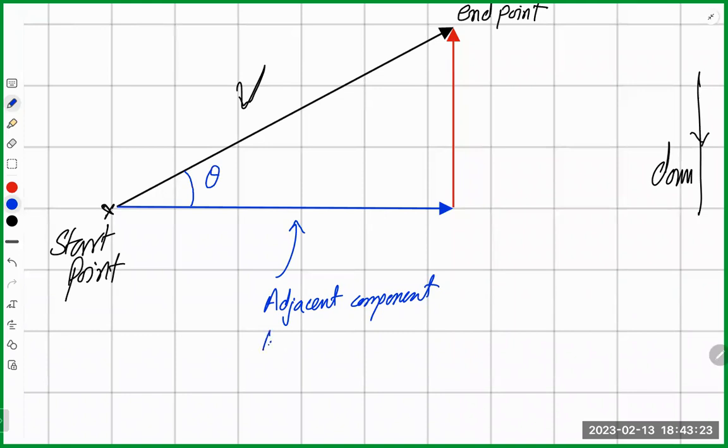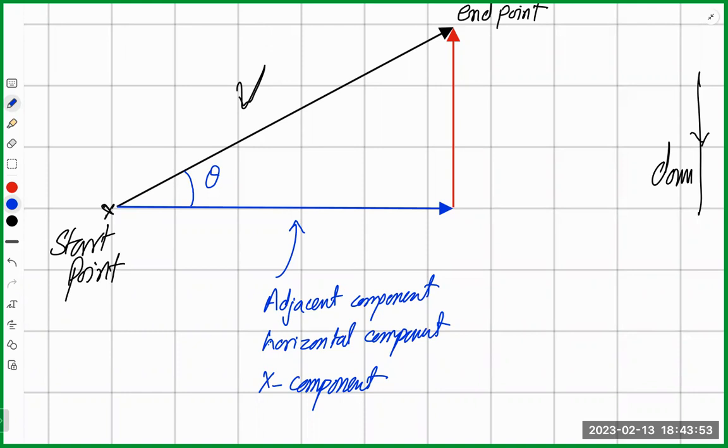Adjacent component, horizontal component, X component. It depends on the situation that we are talking about. If we are doing a graph on Cartesian plane where x-axis and the y-axis are there, we can say it is X component. If we are doing it in a horizontal vertical plane, then we can say it is horizontal.